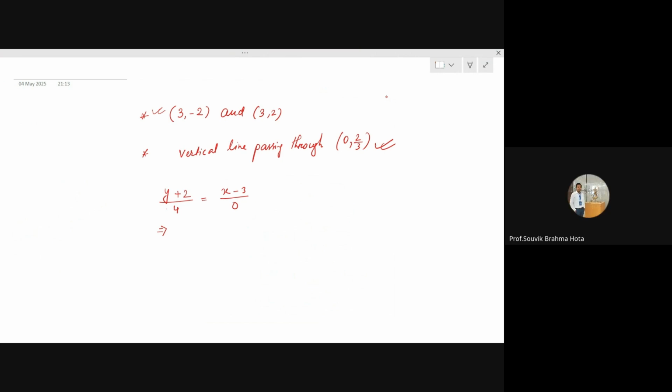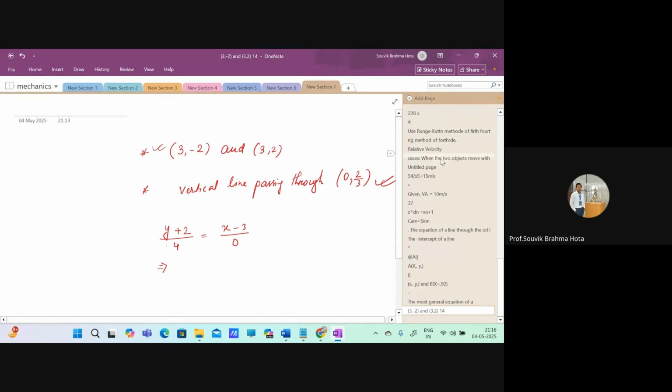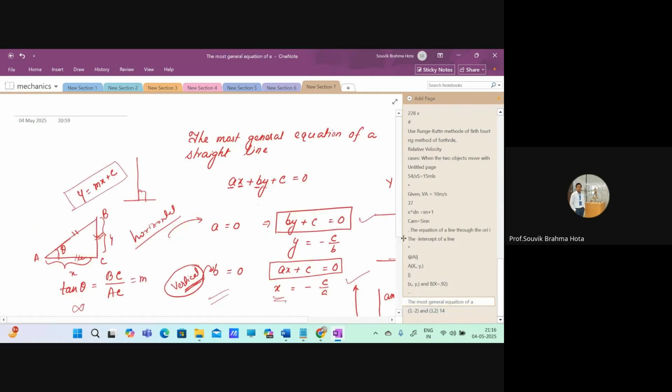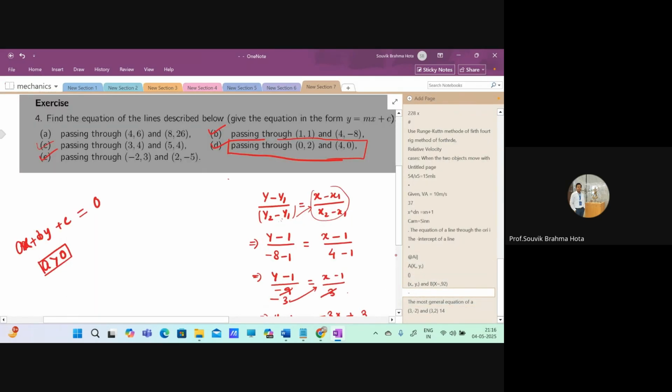So the concept is, see the previous problem that we have seen over there, na? There is a hidden concept behind it. In that question, you can see both y's are the same.